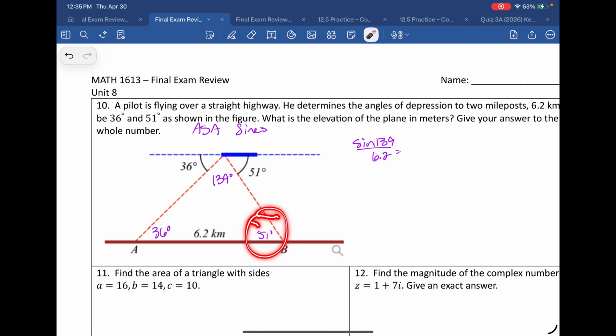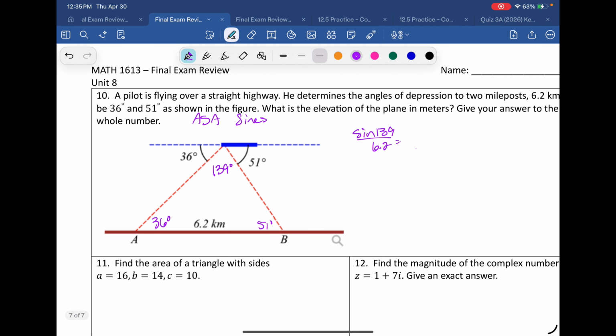So that means I'm going to find that side. Call it X. Divide by sine 139.